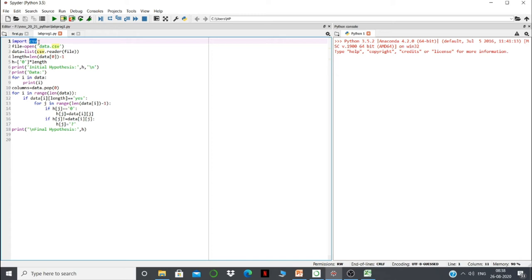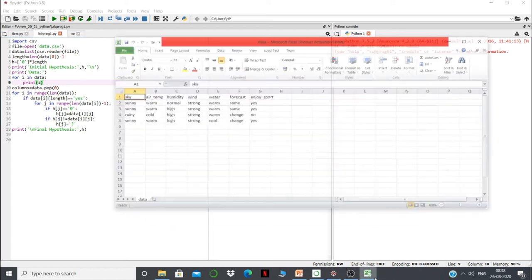The CSV file is a file called comma separated values. The data set which we have generated is stored in the form of CSV. Now we need to import that CSV file so that we can apply the Find-S algorithm on this CSV file. Let us look at the CSV file.